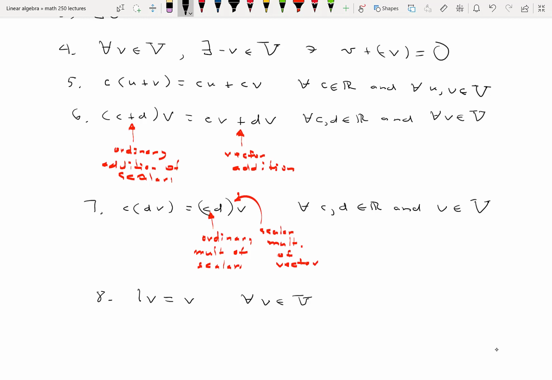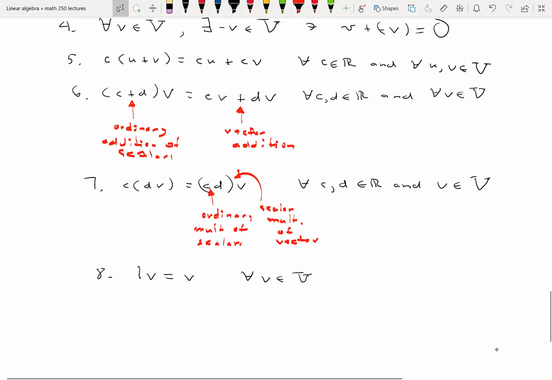By the way, a special note, and I hate to have to say this, but your author makes a lot of mistakes in this section. I'm going to try to warn you about the mistakes as we go through. The first mistake is he writes 1 dot v equals v. This is what your author writes.